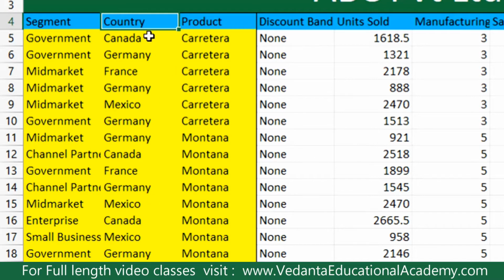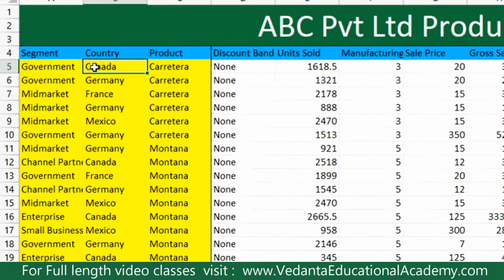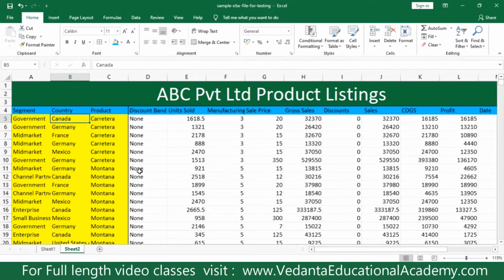Now out of all these 700 rows, I would like to view the data which belongs to only Canada, or only the government segment, or only Montana products, right? And also I would like to see the gross sales from low to high or high to low, in ascending or descending order, right?